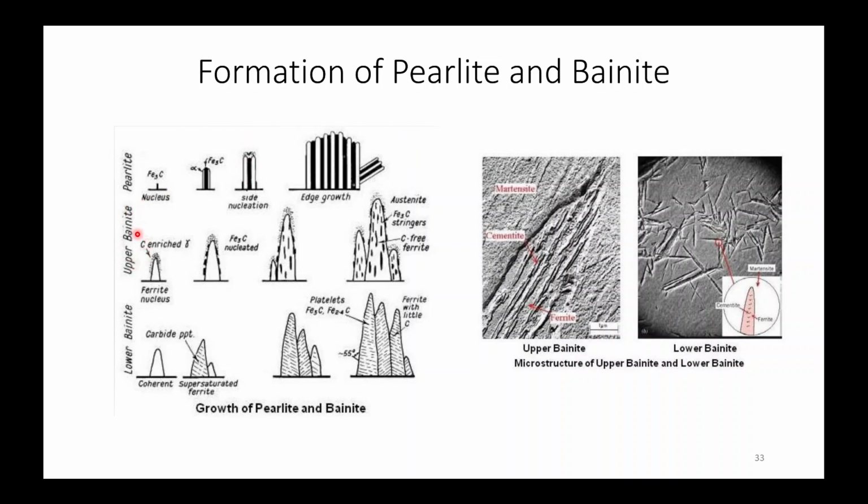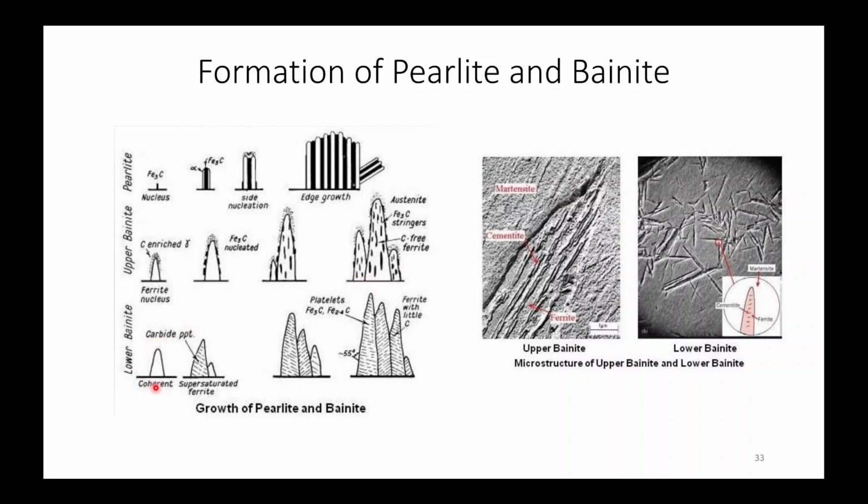In case of upper bainite, ferrite forms first, compared to pearlite where Fe3C forms initially. Now in the upper bainite, there will be formation of Fe3C needles surrounding this ferrite. These will be nucleated, then alpha will keep on growing and this type of structure will form.